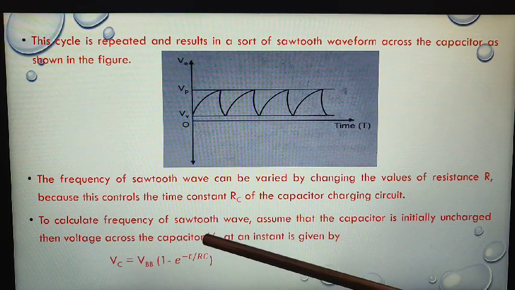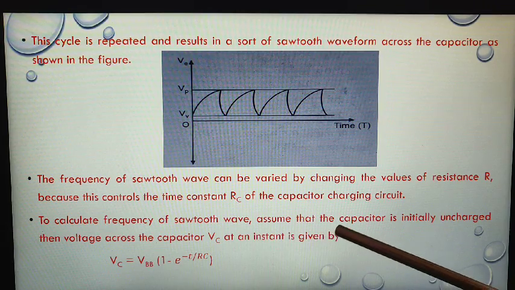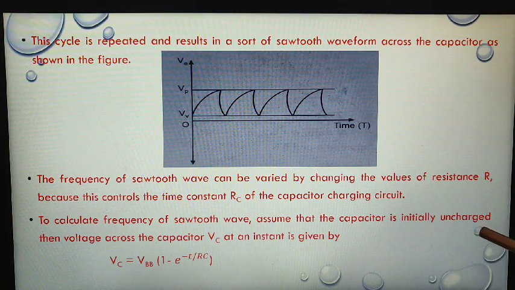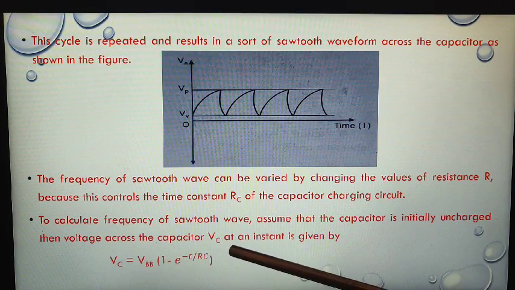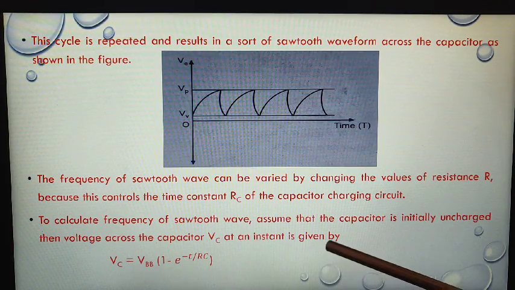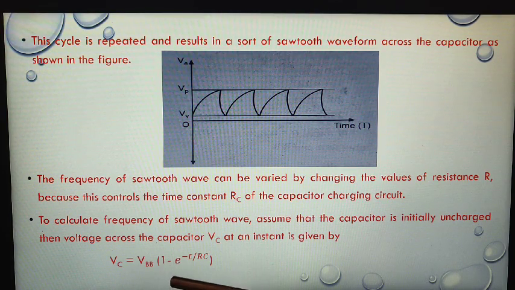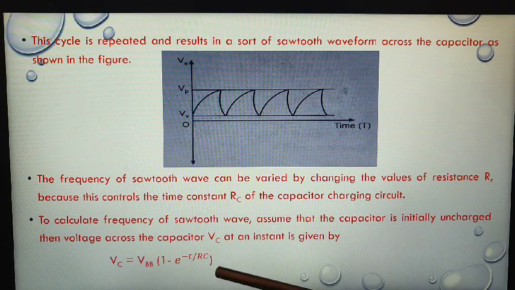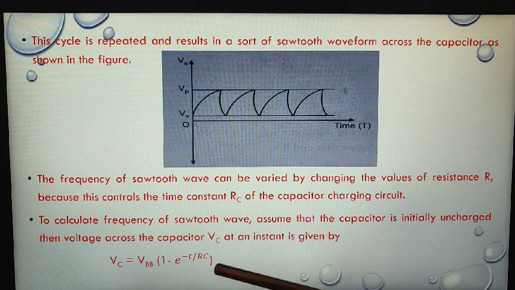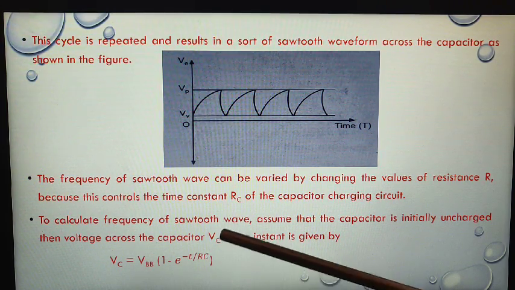To calculate the frequency of the sawtooth wave, assume that the capacitor is initially uncharged. Then the voltage across the capacitor Vc at an instant is given by Vc equal to VBB into bracket 1 minus e raised to minus t upon RC, where RC is the time constant.